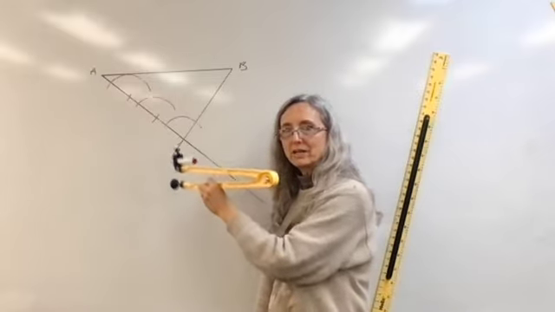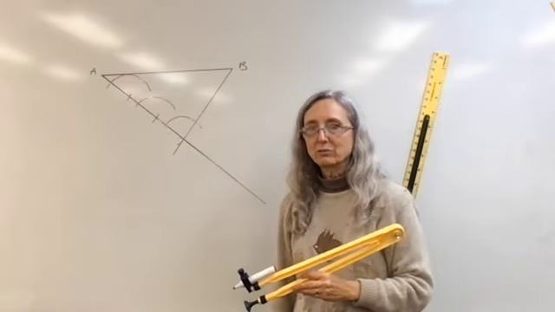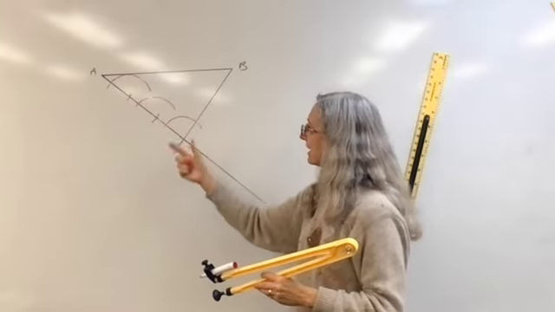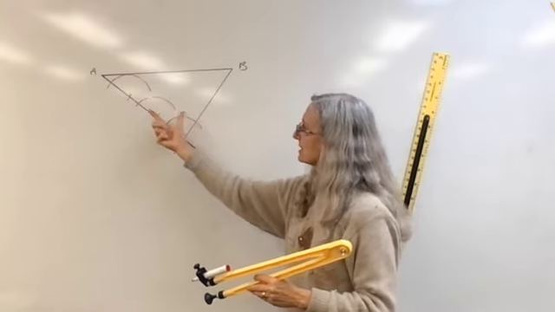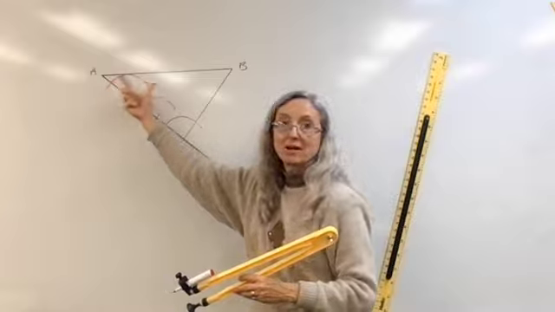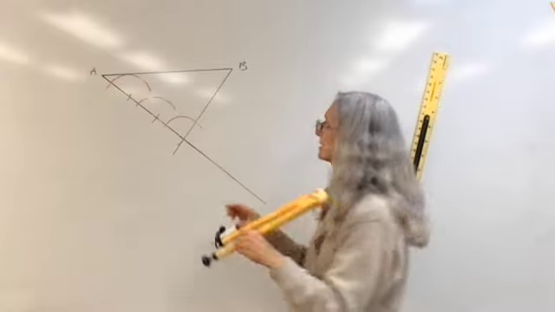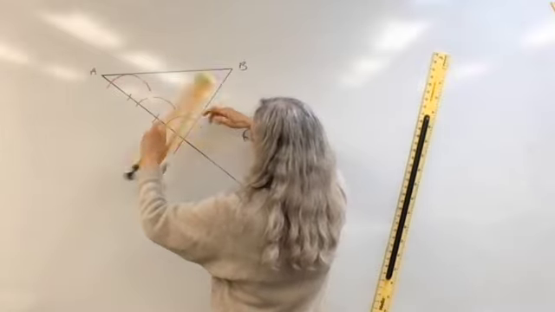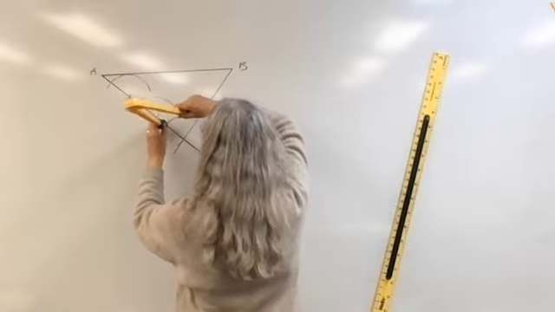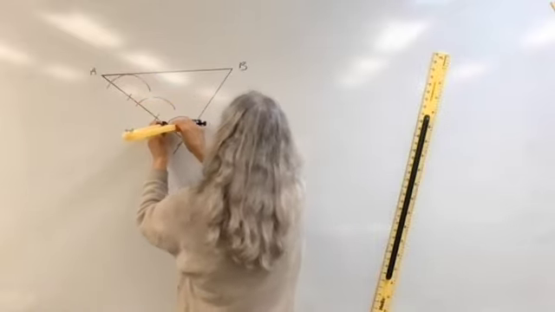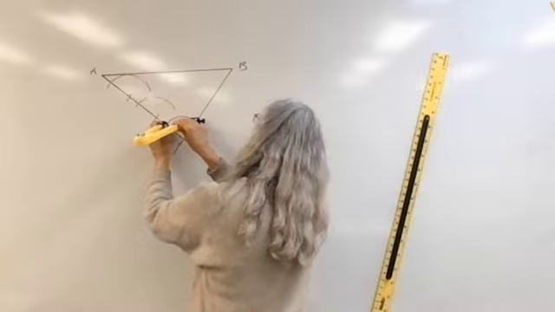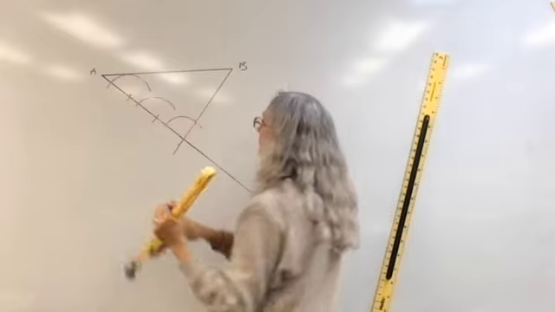Okay, so I took my compass and I drew my 3 arcs. Now I'm going to measure this distance and match that. So with my compass, how far apart are these 2 points? I'm going to open my compass to that setting. It looks like it's right there.